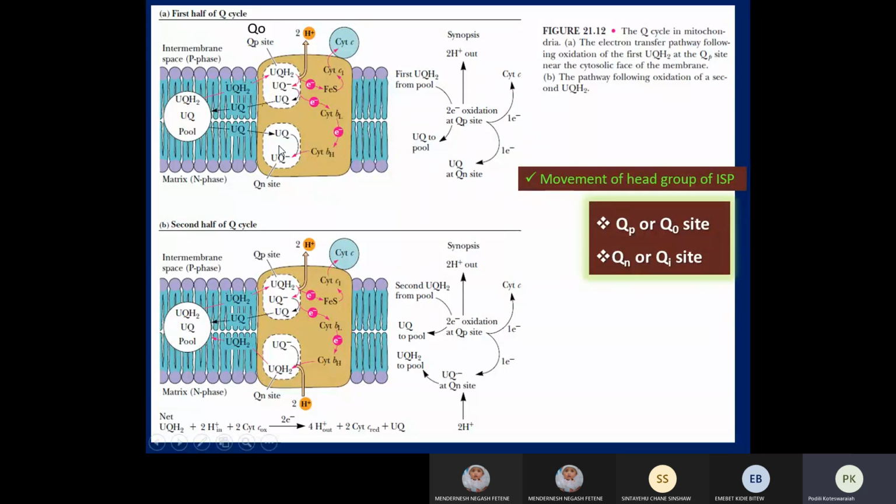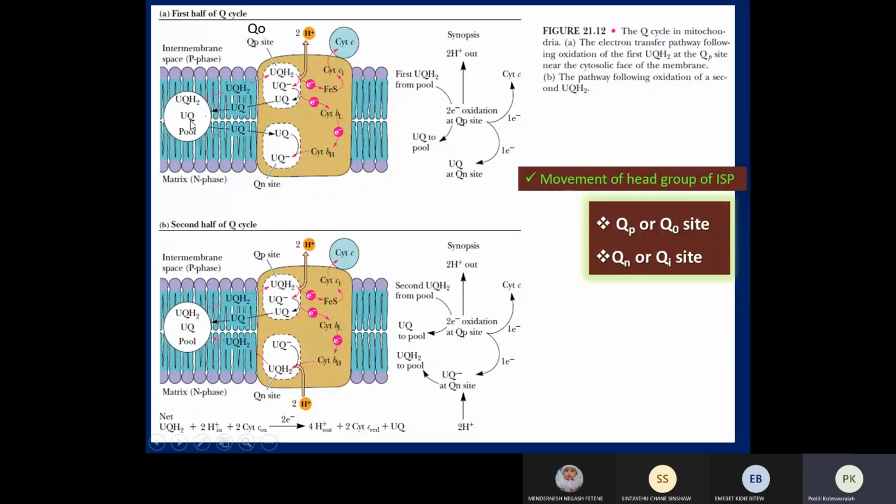Again, it binds to the ubiquinone binding site. Again, the electron that is coming from the cytochrome bL is transferred to the cytochrome bH, and the cytochrome bH in turn transfers this electron to the ubiquinone. As a result, it becomes a semiquinone.